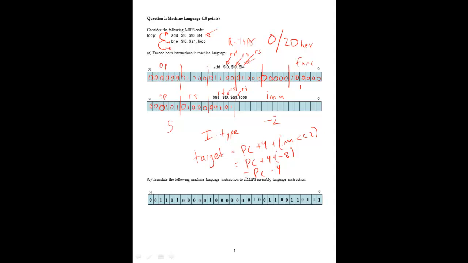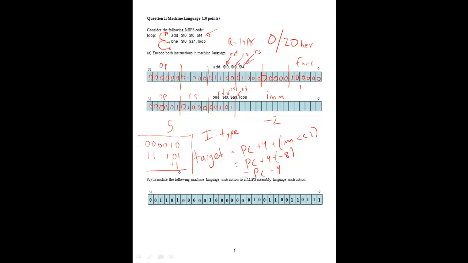So we want to encode -2 as the immediate, and recall the way that we convert numbers into negative in 2's complement. We take the positive version of the number, so we have some number of zeros leading up. We flip all the bits and we add 1 to that.